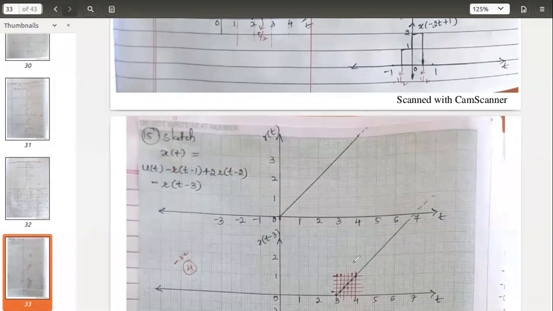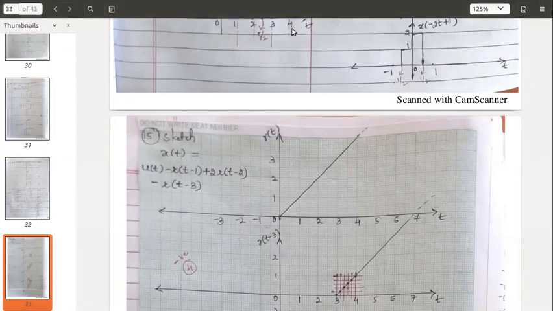Let me start with the r of t. Can anybody tell me how many operations are involved in this problem? Totally count and tell me. Somebody answered.